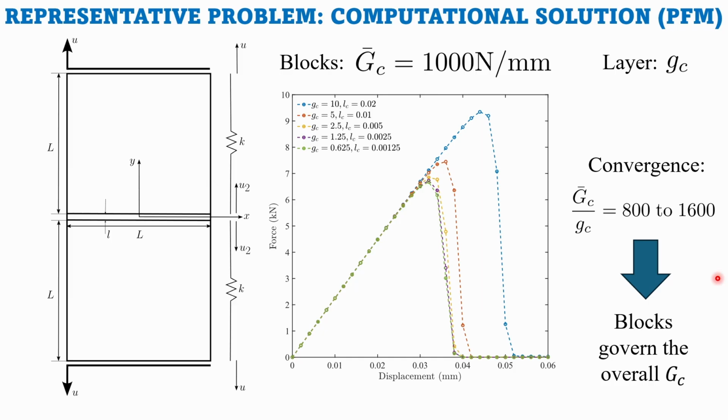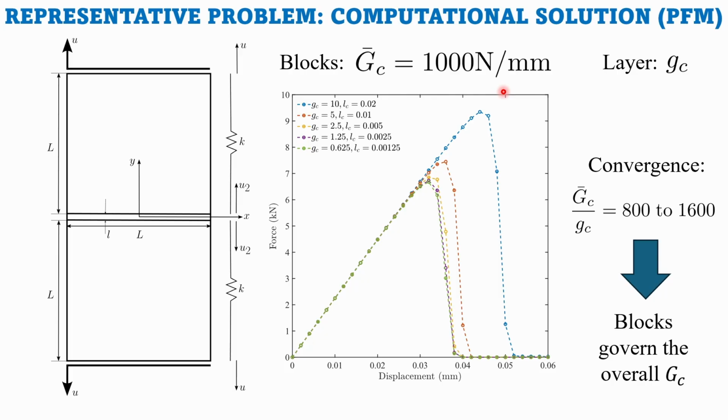If we take this criteria and our curves have converged or collapsed into a single master curve, we can safely say that the blocks govern the overall GC. For these curves, if you calculate the overall GC, you will find that it is more or less close to the block GC itself.